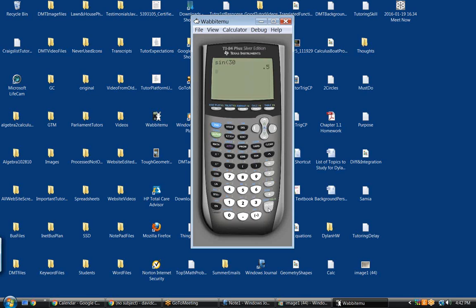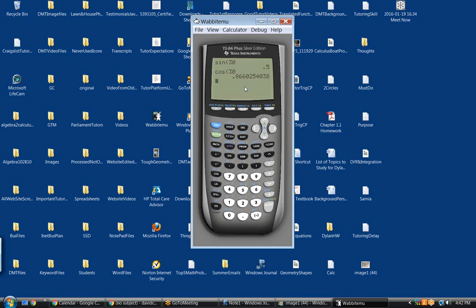So trig functions of angles are constants. The cosine of 30 degrees is always square root of 3 over 2, which is that number. And it doesn't matter the triangle.